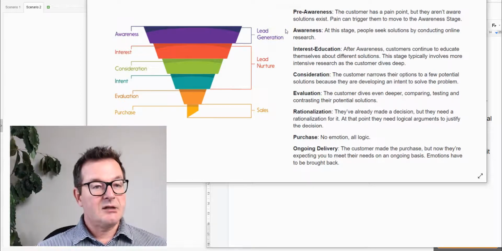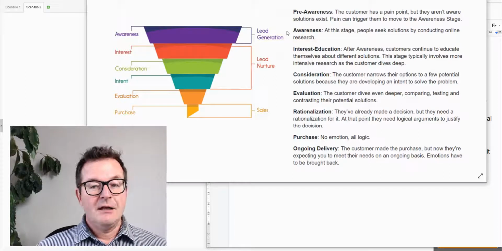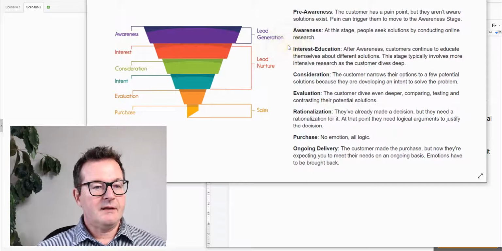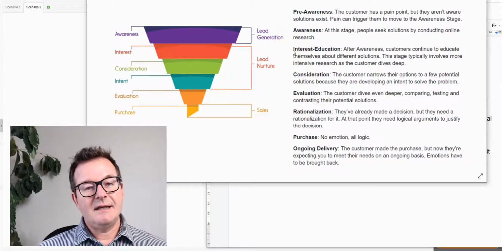Compare that with awareness. At that stage, the person is aware that a solution exists, so he's looking for it. So the best publicity in that area is search engines, YouTube, Google, Bing. People are looking for the solution, so it's a good place to advertise the solution. And then all the rest, even evaluation, is the education phase.